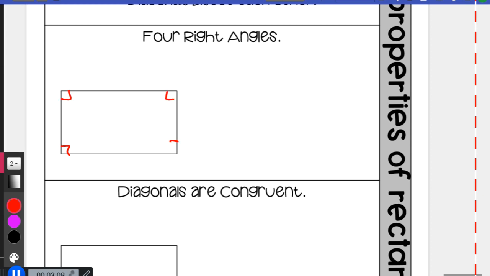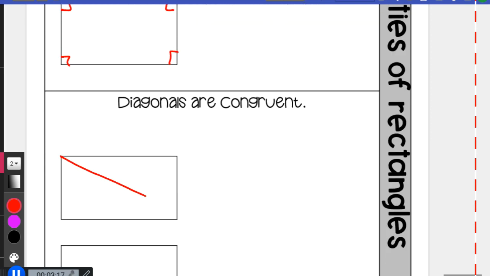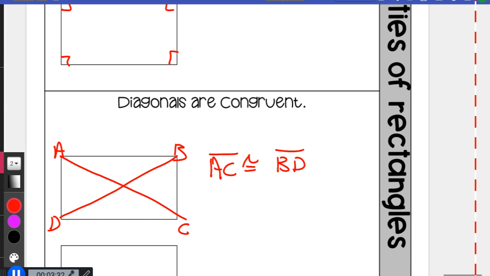So opposite angles are still congruent, and consecutive angles still add up to 180 because everything is a 90. The diagonals not only bisect each other, but they are congruent to each other. I'm going to label this, because once you've got intersecting diagonals, it's kind of hard to see. So AC is congruent to BD, plus they're bisected.